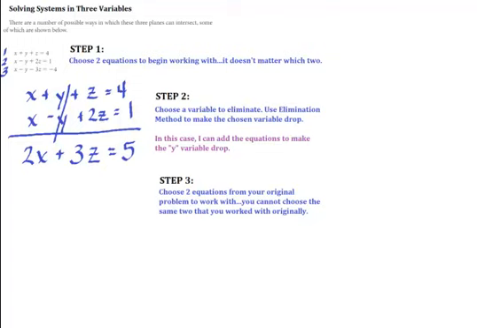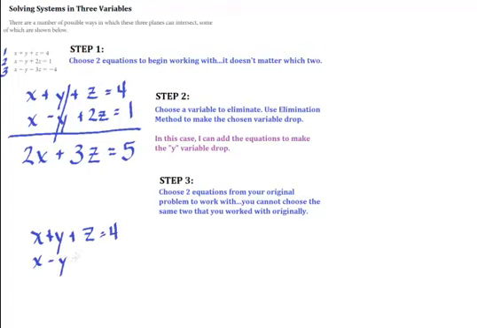The next thing I'm going to do is choose two equations from my original, and since I chose numbers 1 and 2, I can't choose 1 and 2 again. So I'm going to choose, let's say, 1 and 3. I'm going to write down equation 1 and then equation 3.